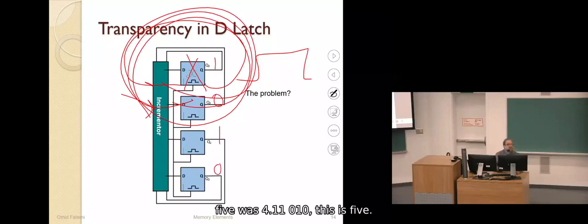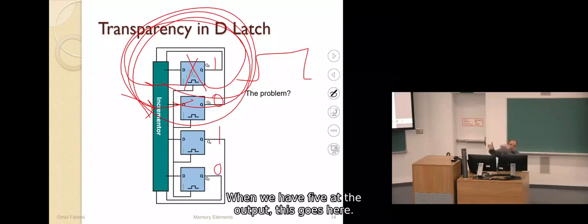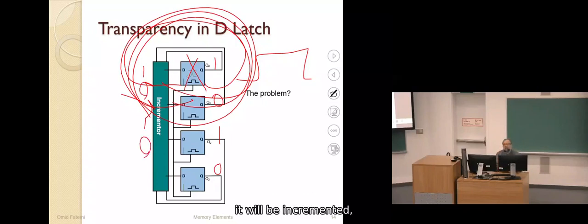This is 5. When we have 5 at the output, it goes here. So we have 5 at the input of the incrementer. So it will be incremented, and now we have 6 here. So this is 5 input. The output would be 6.